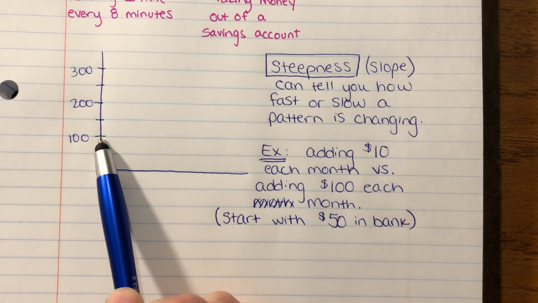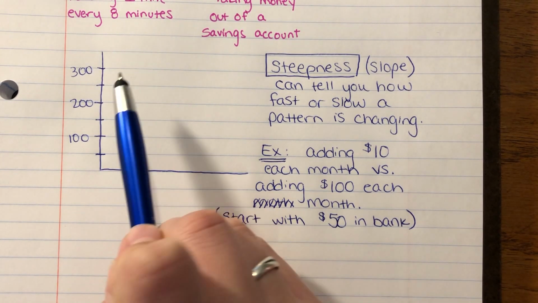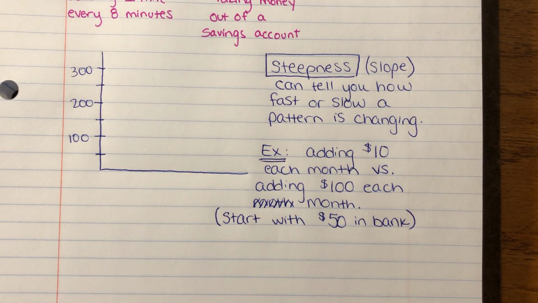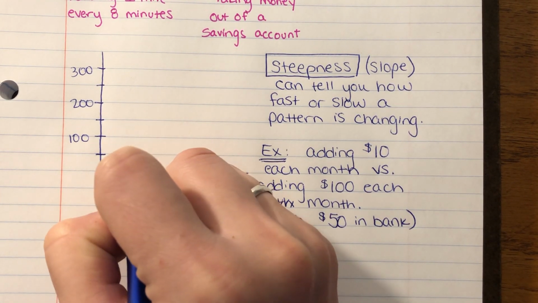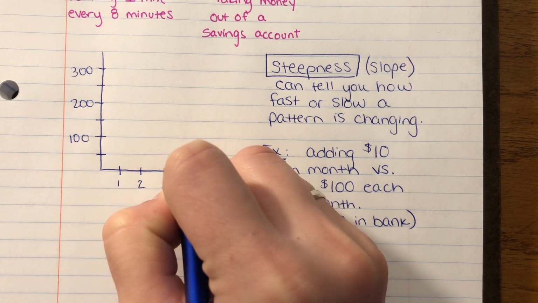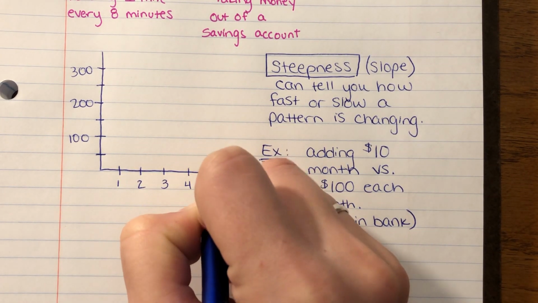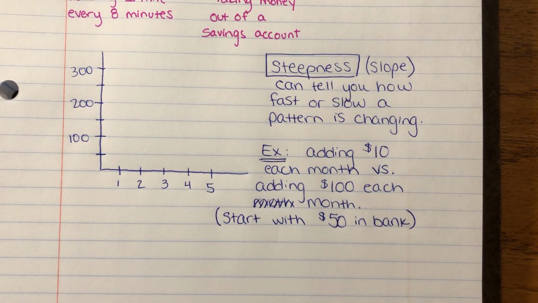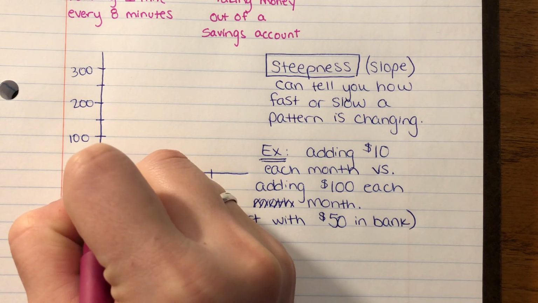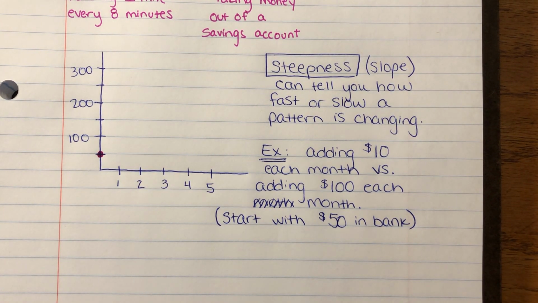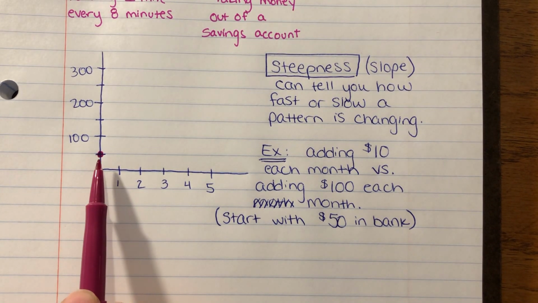So we've got 50, 100, 150, 200, 250, $300. And let's mark off some months. We'll just go up to 5 for this short example. So because both bank account plans would start with $50 in the bank, I'm going to automatically start my line at the $50 mark over here.